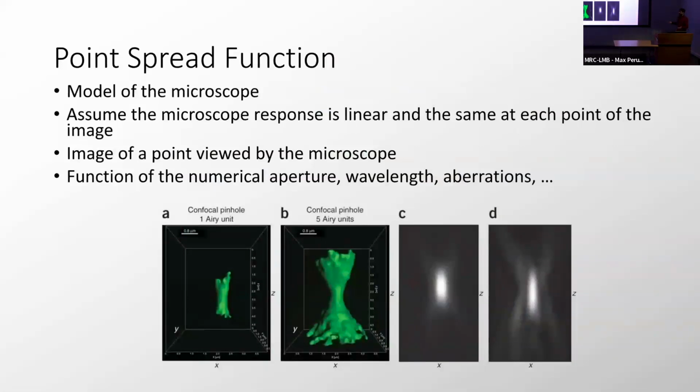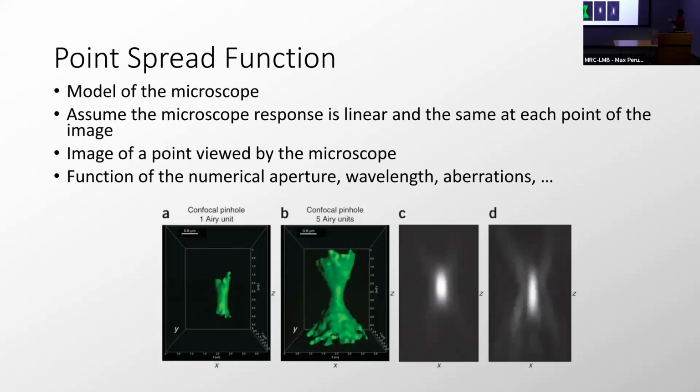So what exactly is this blur? In 3D, it's a function called the point spread function. It models the microscope. It's a model of what you see. It summarizes the whole imaging process in one picture. It's actually a picture. It's a model, so it is not perfect.